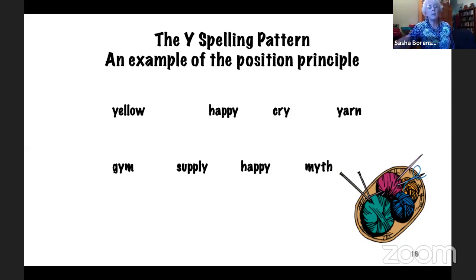So if everybody could just jot down what you know about the letter Y already. Everything that you know about the letter Y, please. And when you're ready, just put your thumb up so I can know you've gotten your ideas down, please.